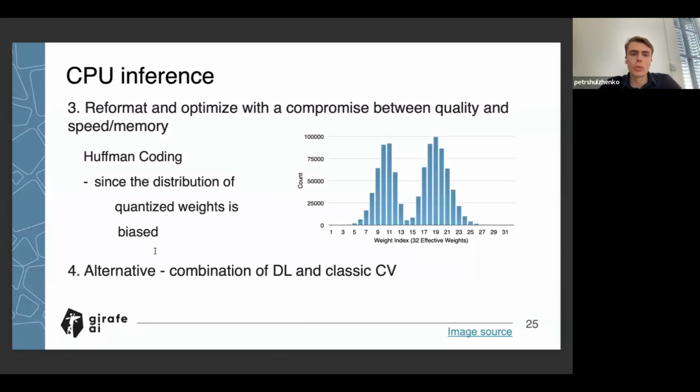The alternative approach to this kind of model optimization would be a combination of a deep learning model and a classical computer vision model. I think we would settle with this solution in my current project. So basically, the idea is extremely simple. You have your deep learning model, which can't run in real time, but you make, we can say, rather precise predictions.